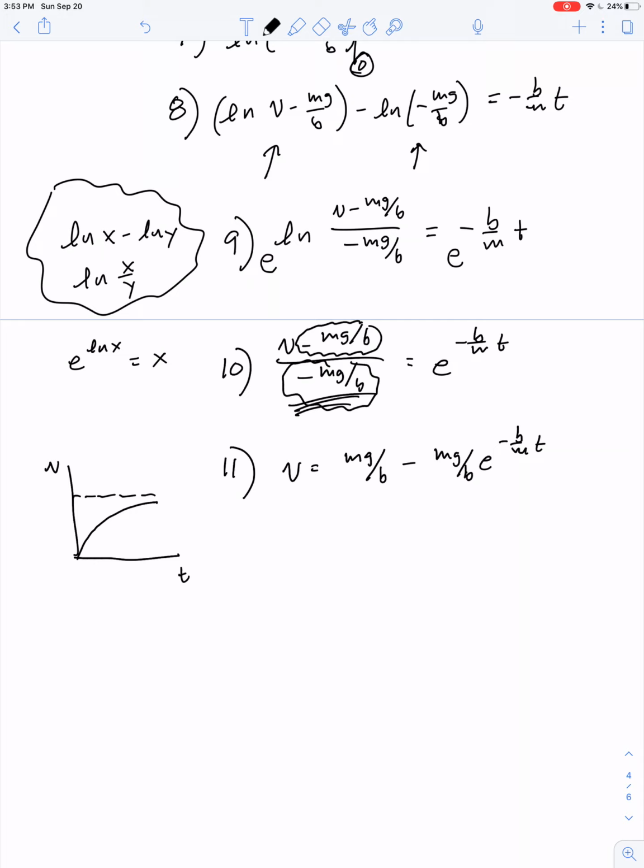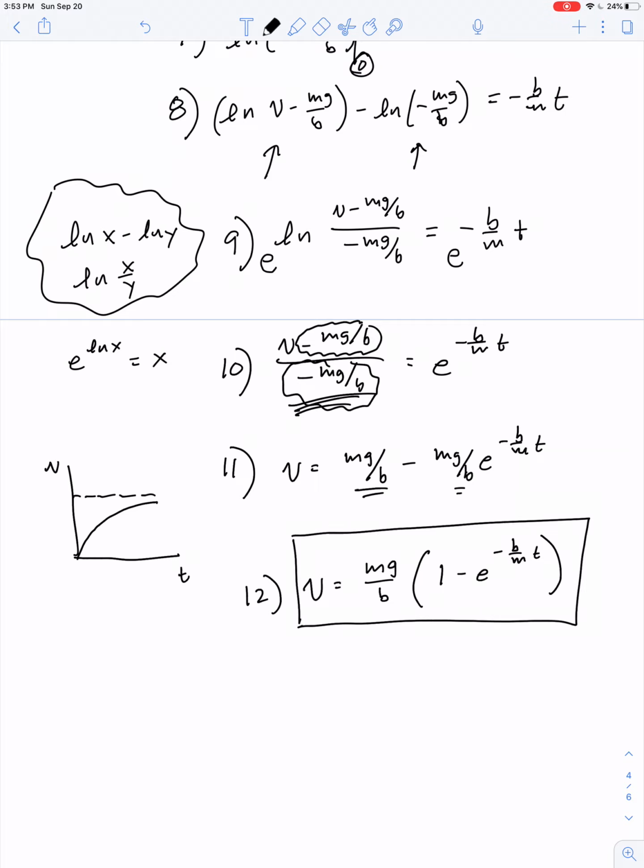So we can actually factor out mg over b. So we get v equals mg divided by b times the quantity 1 minus e to the negative b over m times t. Okay, and we'll stop here.